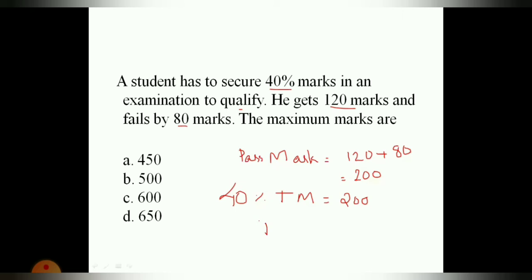Total marks is equal to 200 into 100 by 40. It's equal to 500 marks. Yes, 500 is the total marks.